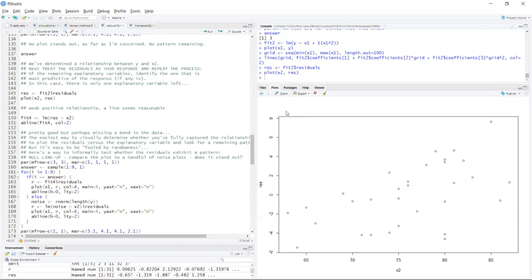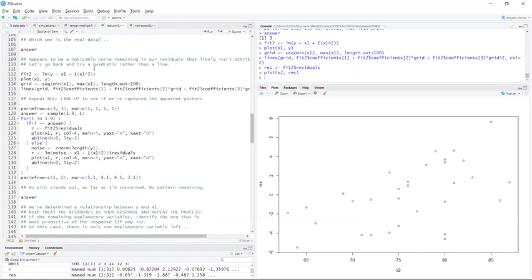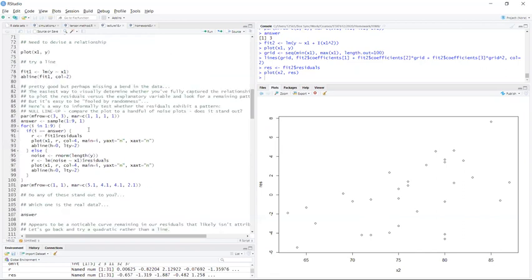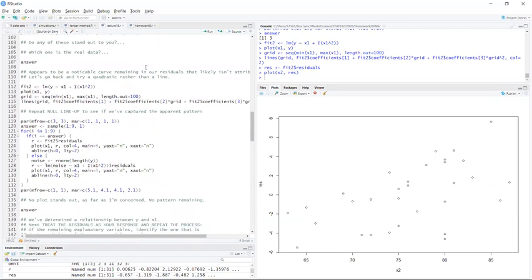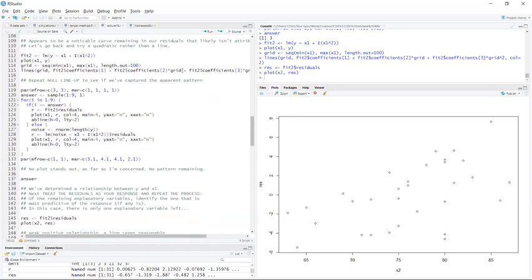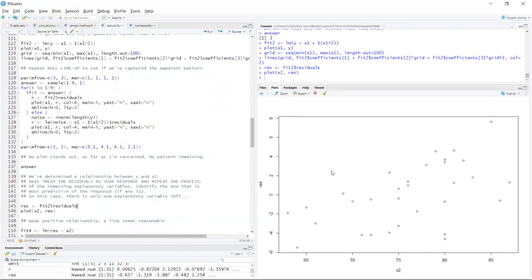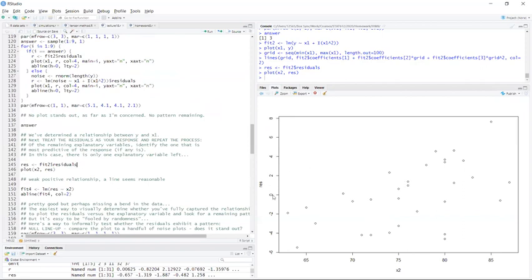Same reasoning that we used in determining whether or not the linear function of x1, the simple linear regression, was good enough. We looked at the residuals and said, is there a pattern remaining? And now we're going to do the same thing, but now we've got the residuals of our quadratic fit of x1, and the question is, is there a pattern remaining that the other explanatory variables can help us account for?